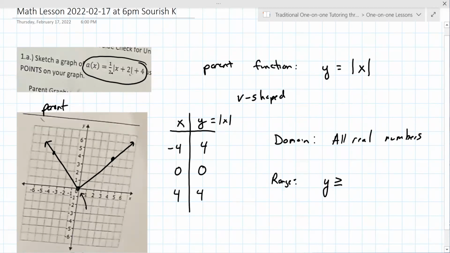What's the y value there? The y value is 0. So the range is all the y values, and the y values are all greater than or equal to 0. I think you have to get that down also, for domain and range.